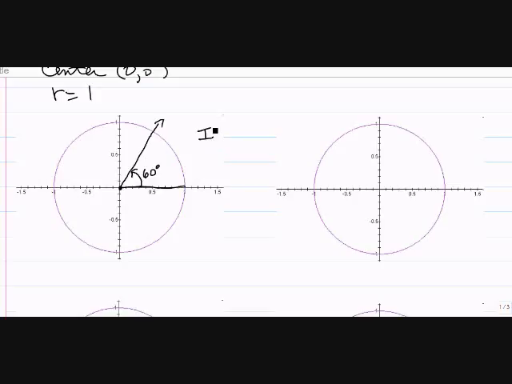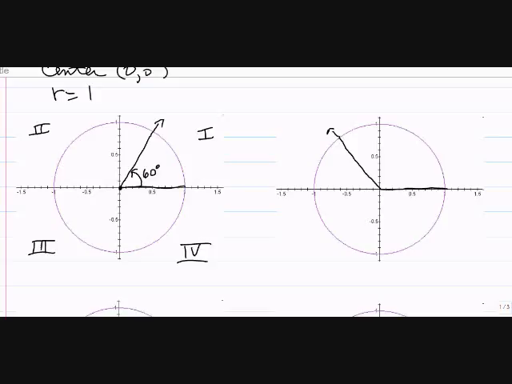Remember our quadrants go 1, 2, 3, and 4. So let me throw an angle in quadrant 2. One side of my angle is always going to start here on the x-axis, the positive part. And the other side, let me put over here. I can extend it a little bit so it's easier to see.